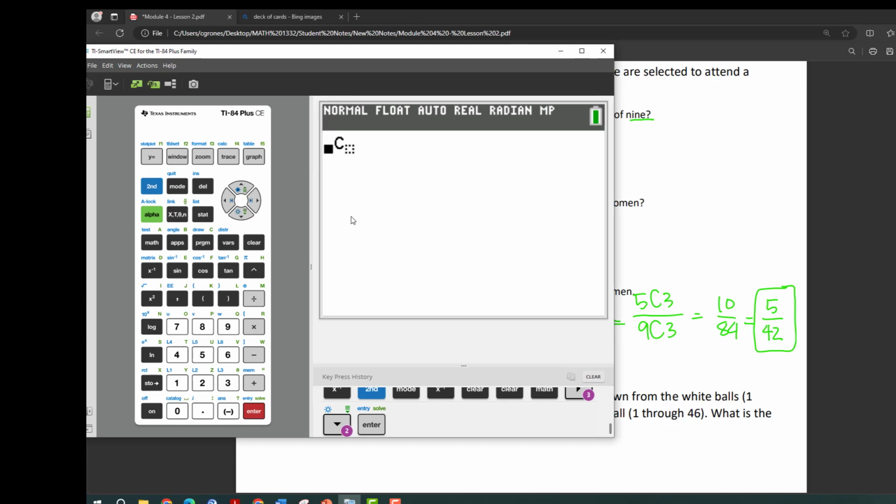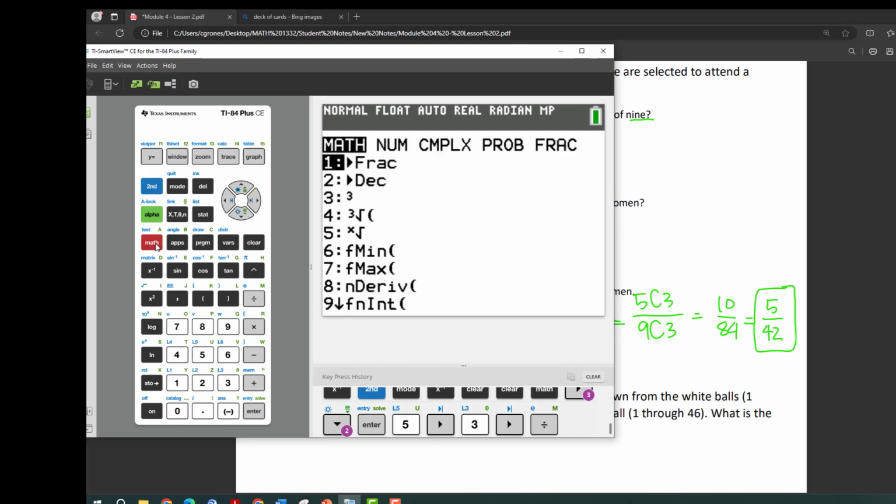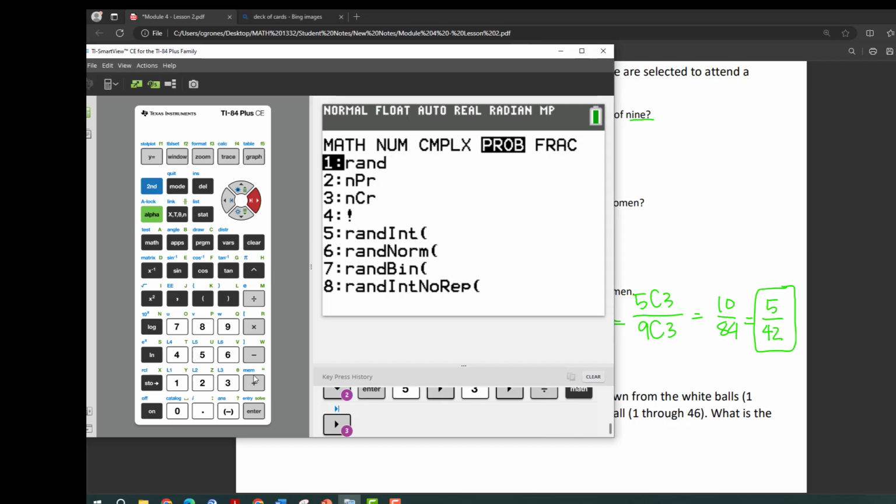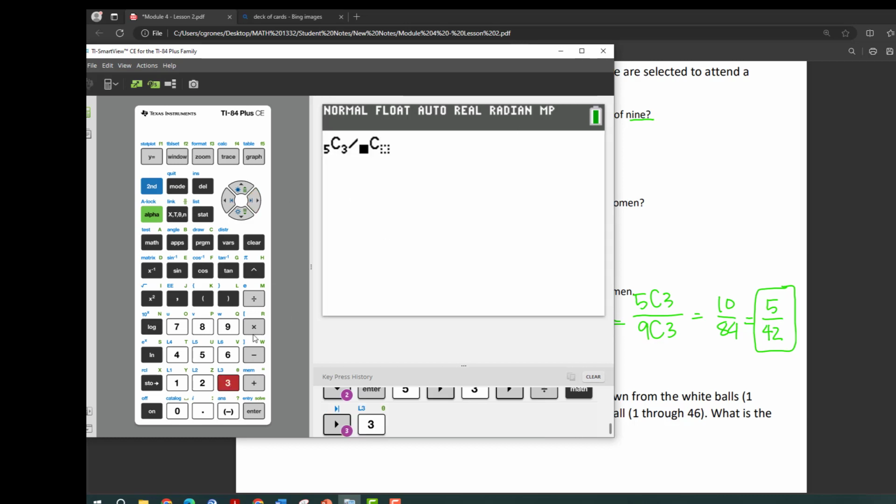So we have our first nCr, which is going to be 5C3. This is for the 5 women and we want to choose 3 of those. Okay, and now I'm going to divide that by our other piece. So go over to probability, nCr, and we have 9C3.